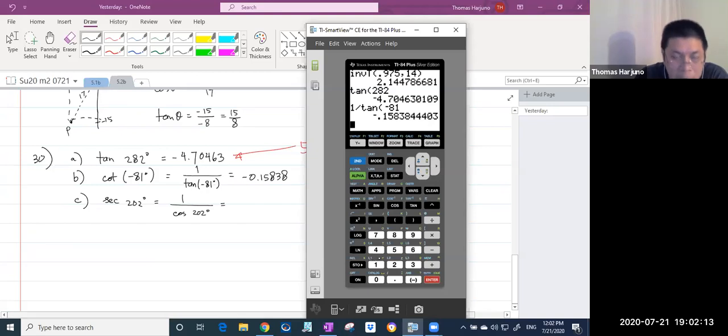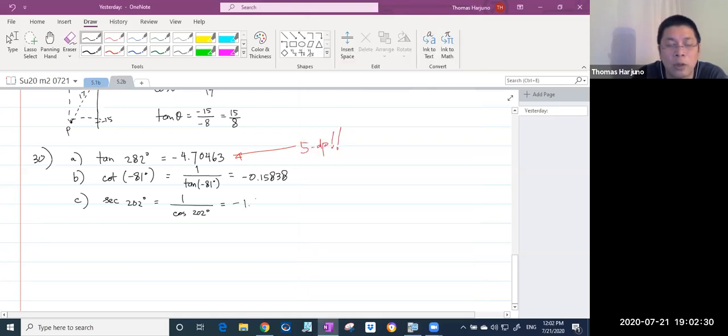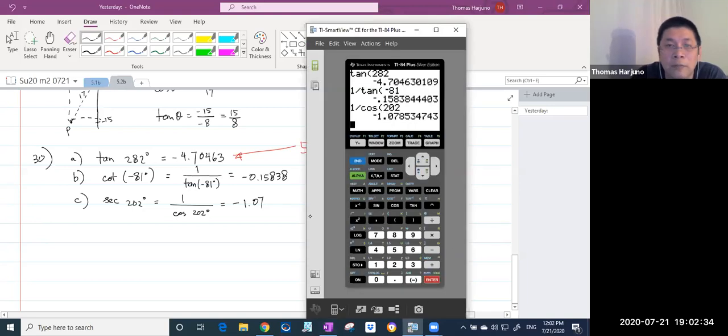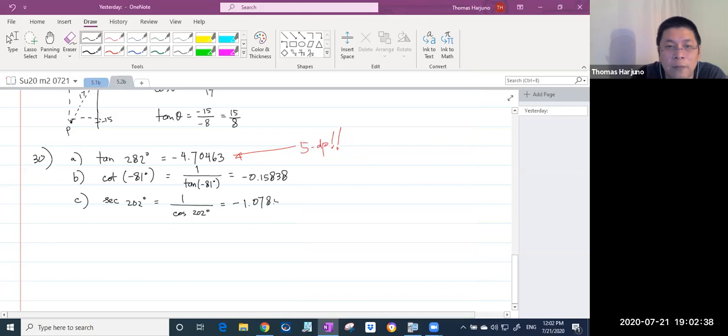So keep in mind, when you use your calculator, make sure that the mode is in line with the numbers you want to put in. This is 1 divided by cosine 202 degrees. That's negative 1.07853.